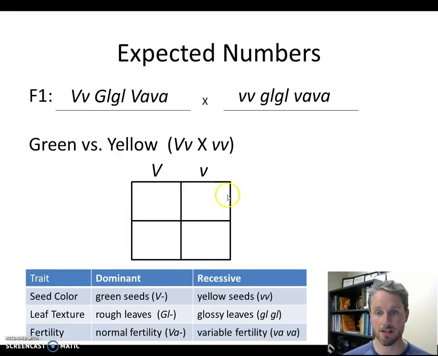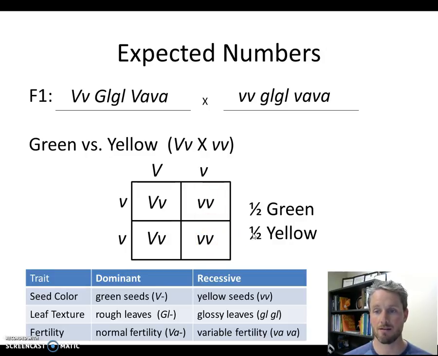We'll put the heterozygote on top, the homozygous recessive on the side, and then we can fill in the boxes. And we can see that half the time we should get green seeded plants, and half the time we should get yellow seeded plants. So the probability of green is 1/2, the probability of yellow is 1/2. Then we should do that for each of the other traits.